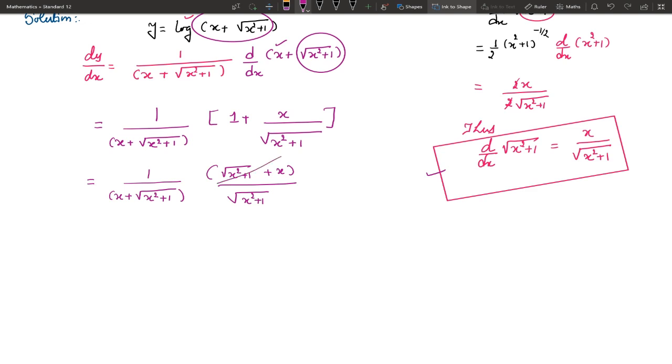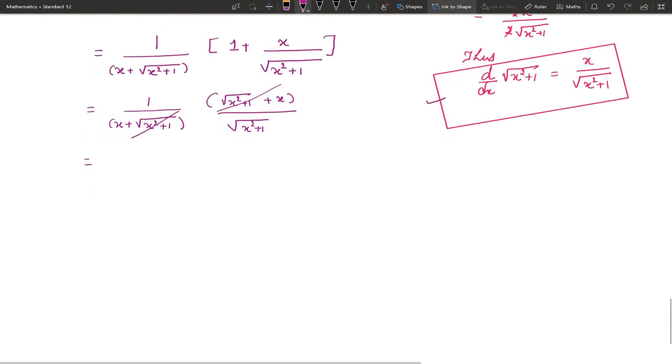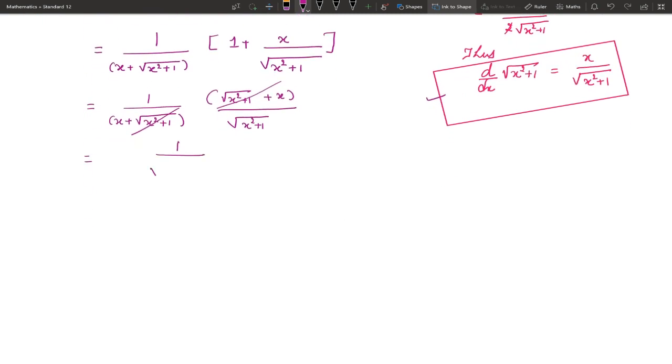You can simplify this one, so remaining is 1 upon under root x square plus 1.